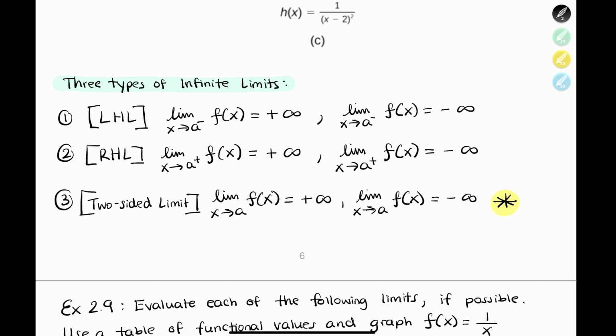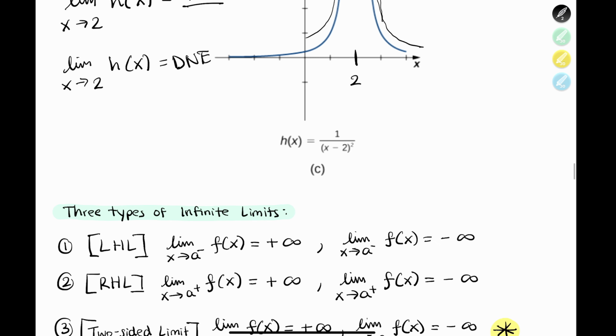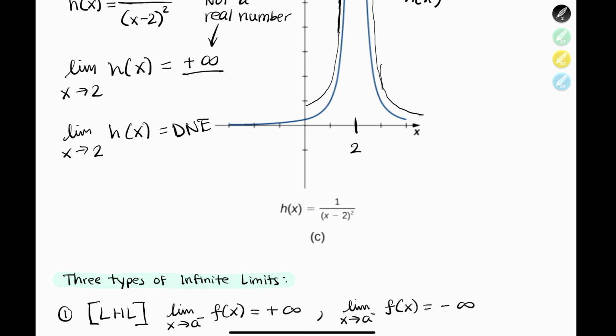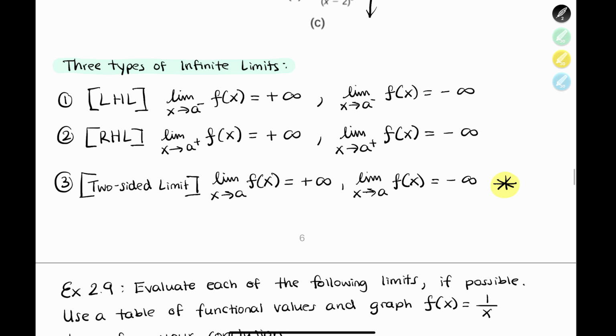And also we could say that the limit as x approaches a from the left side of f of x can be equal to negative infinity. We could also write it as negative infinity in the case that if you were to imagine that this graph was actually going down to negative infinity, this would be negative infinity over here.